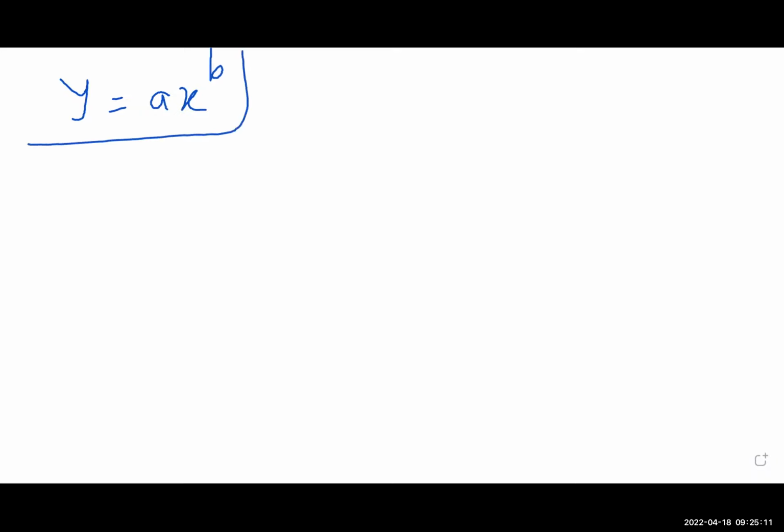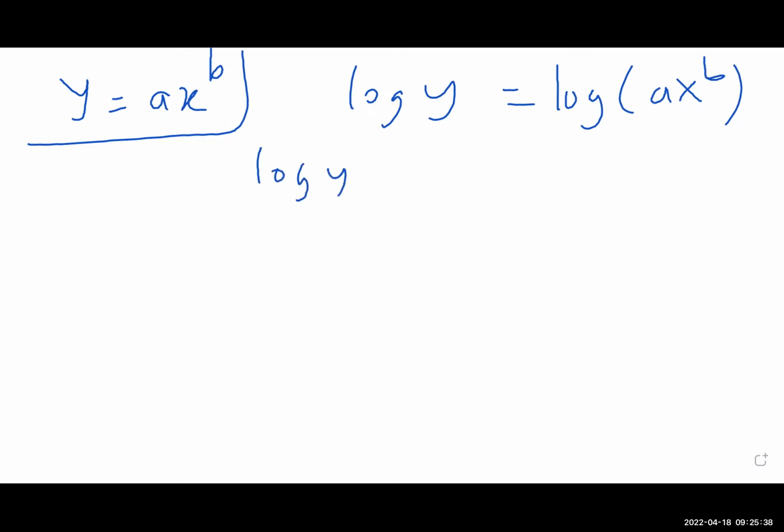What will we do? We want to transform this into a linear model. Clearly this is non-linear, so what you will do is take the log. So log of y equals log of a x exponent p. Then you have log of y equal to, what is this?